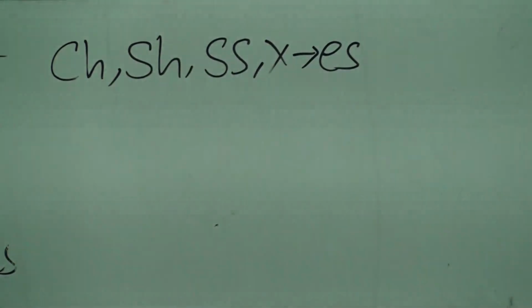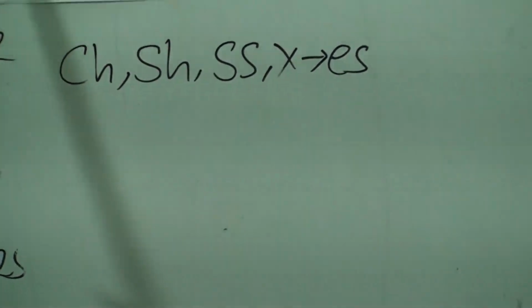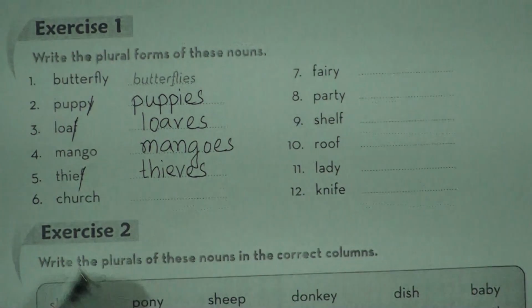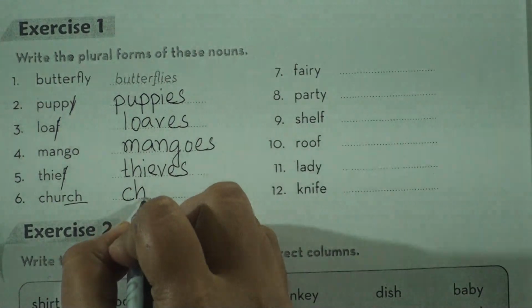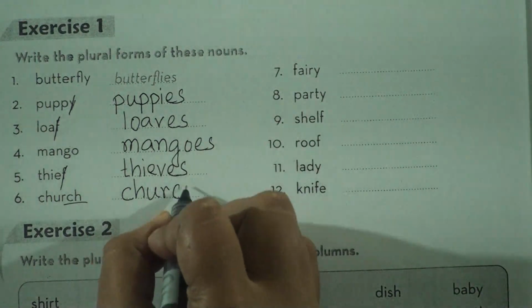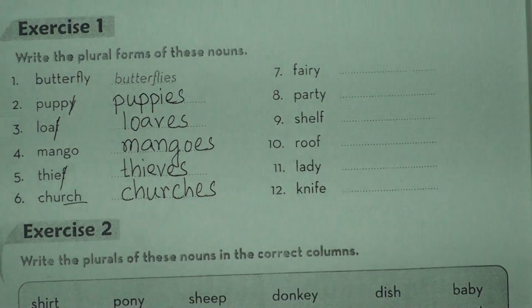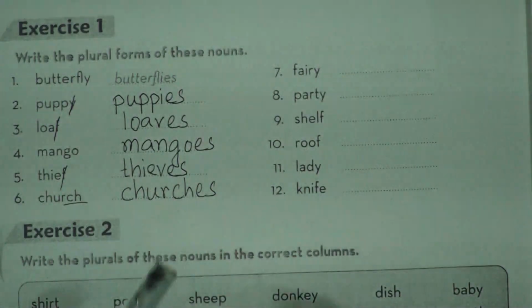Okay? So now the word here, number 6, church. It ends with what? CH. So we will add ES to make it plural. It will be churches.